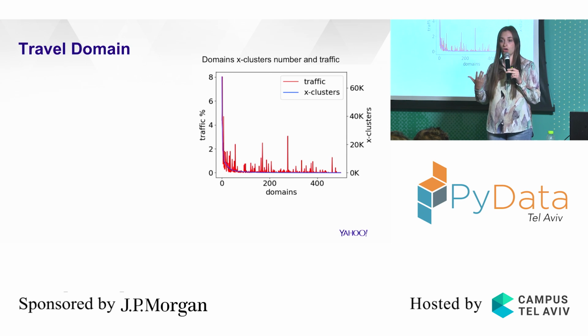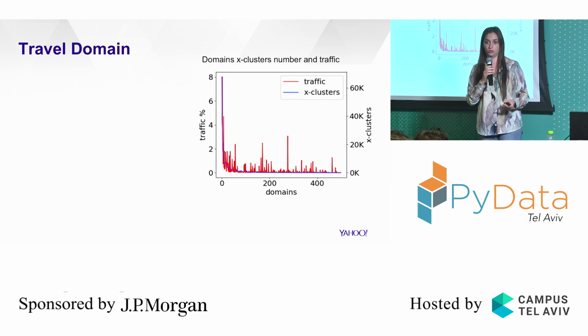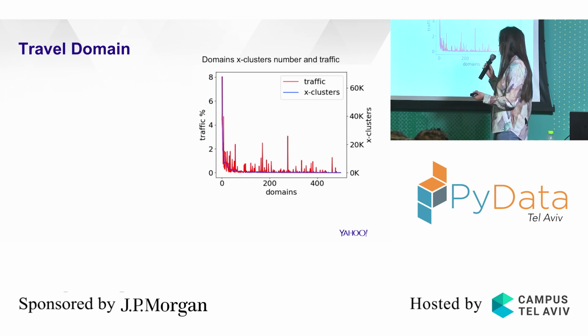When I talk about traffic, I mean the percentage of travel messages that this domain contained out of all the messages that were classified as travel. Actually, we classify the clusters, and if a message belonged to a cluster that was classified as travel, it's considered to be a travel message. So you can see there is no correlation.